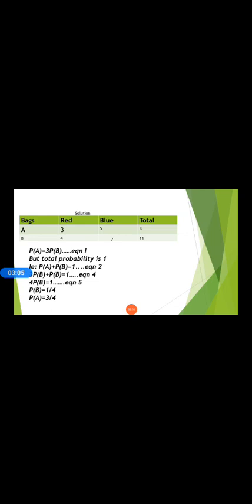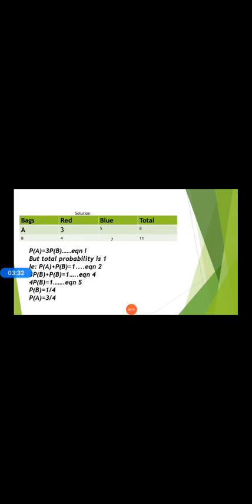Note that we need to find the probability of picking bag B and the probability of picking bag A. So we take equation 1 and substitute it in equation 2. We shall have 3 probability of B plus probability of B equals 1. So we shall generate equation 4, which will take us to equation 5.